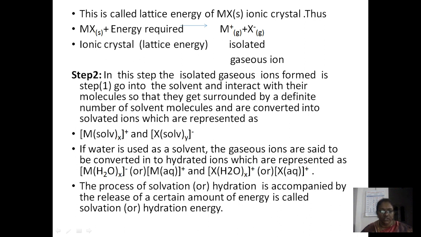If water is used as a solvent, the gaseous ions are said to be converted into hydrated ions, which are represented as M of water, x times, plus, or M aqueous plus, and X of water, y times, minus, or X aqueous minus.